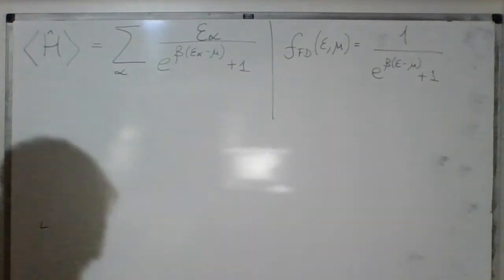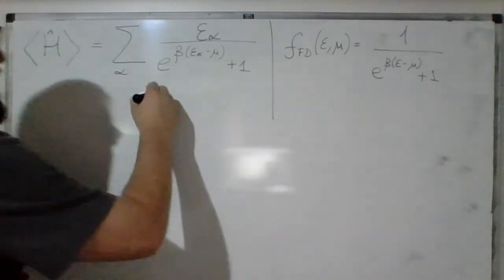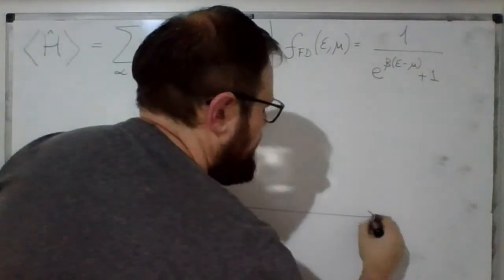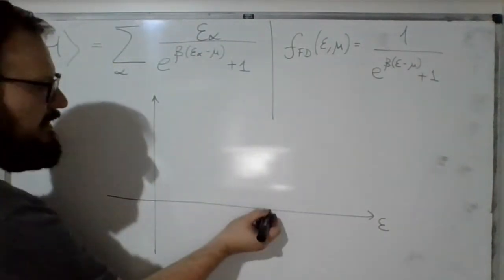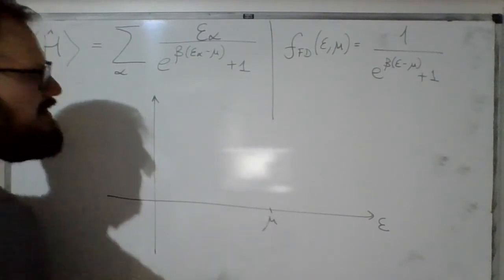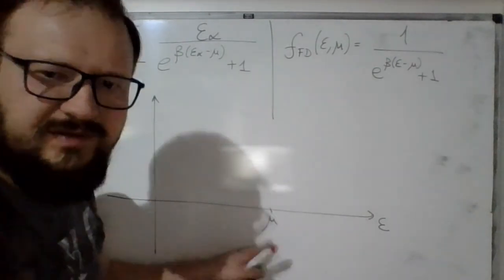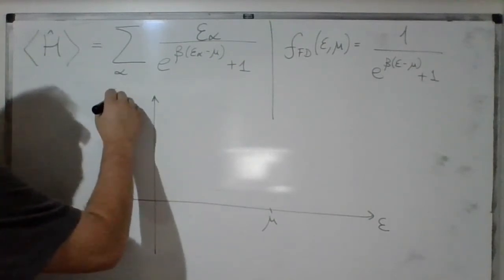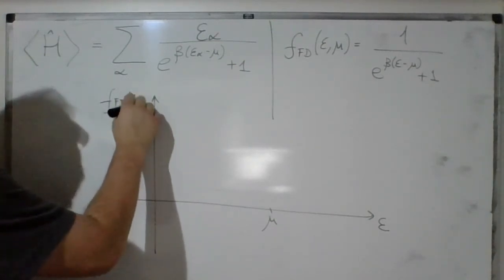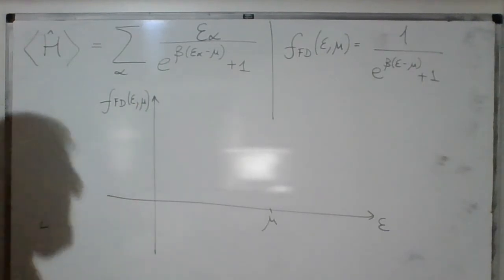This function we can plot against the energy or beta energy. This is the chemical potential. It is an important reference in the energy. And this is a Fermi-Dirac distribution given the energy and given the potential.